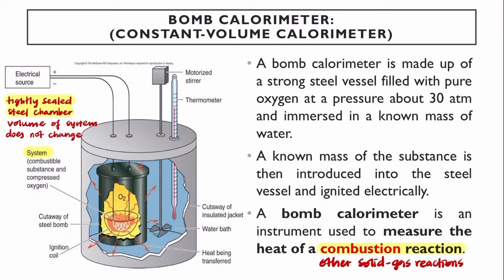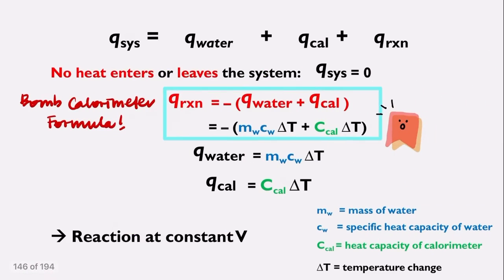Alright, so here we have a stirrer, just like the coffee cup but a motorized stirrer, and a thermometer for you to record the change in temperature. So your system is basically in here. When you release the heat, it will be absorbed by water and calorimeter for bomb calorimeter.